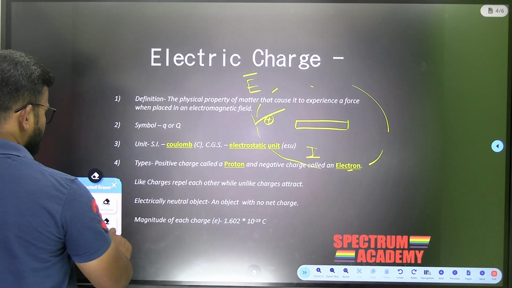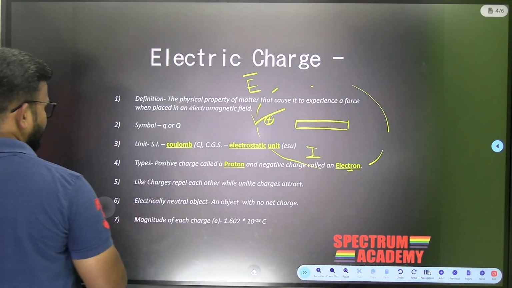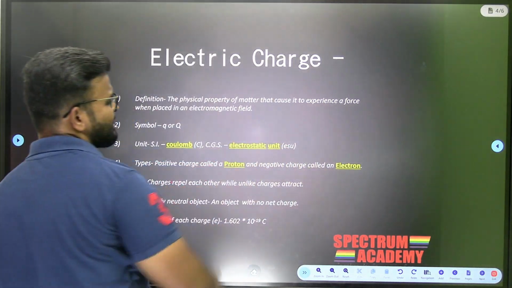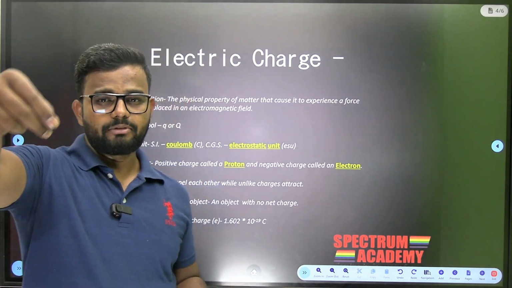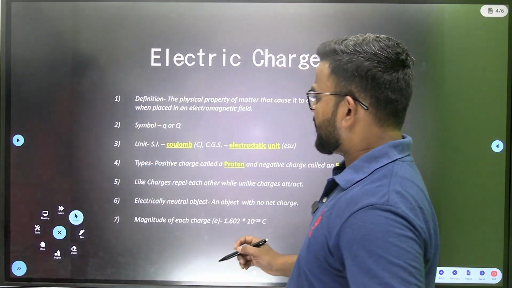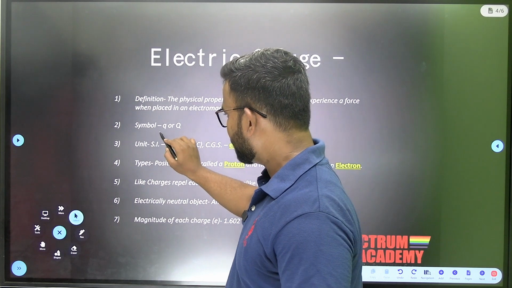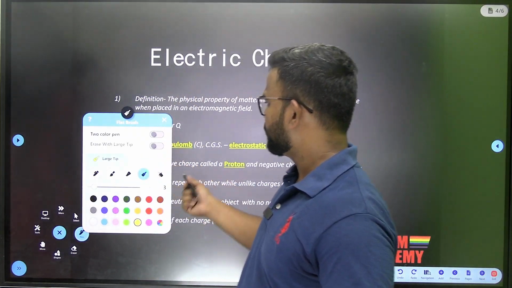So electric charge is an entity. What is an electric charge? Electric charge is an entity which experiences a force, either attractive force or repulsive force, when we place it in the electromagnetic field. What is the symbol of electric charge? The symbol is either small q or capital Q. You can use either of the letters if you like.